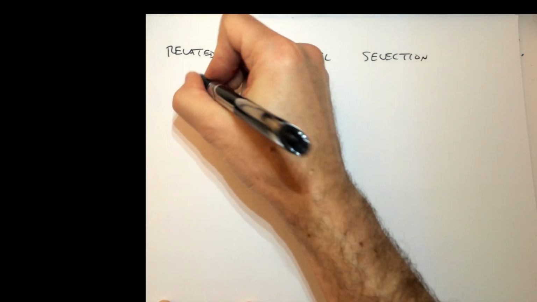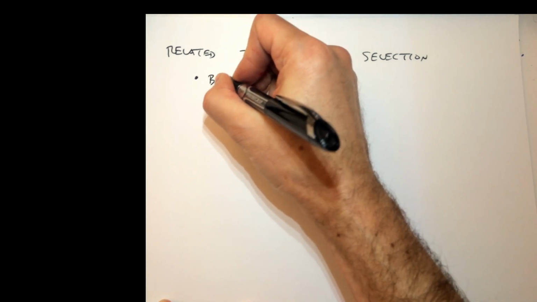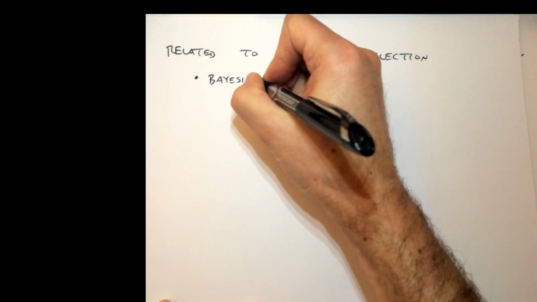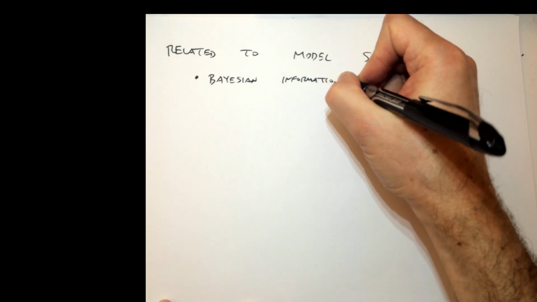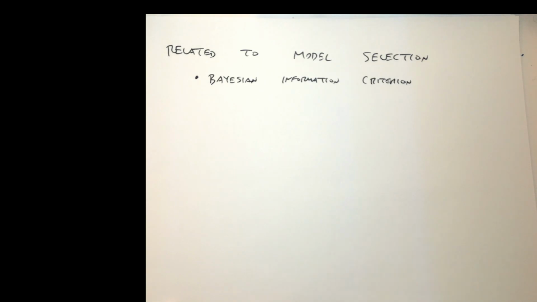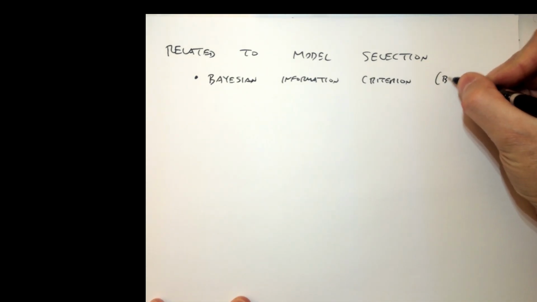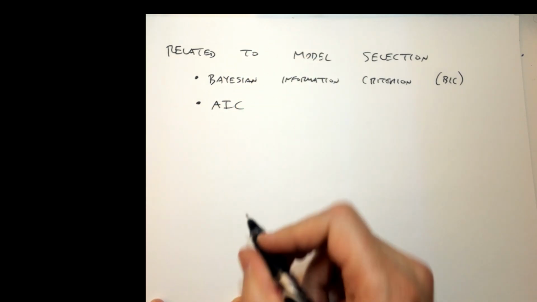So remember on one of the homeworks, I asked you to do something called the Bayesian information criterion, I think, when you were choosing, for example, how many Gaussians to use in a Gaussian mixture model. There's something called the BIC. There's also something called the AIC, which stands for the Akaike information criterion.